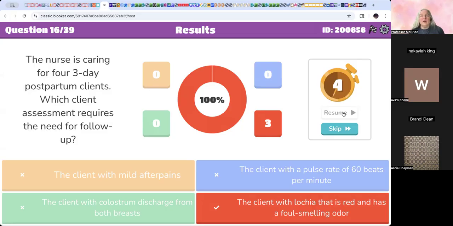The infection is chorio, probably if she was still pregnant. But remember, chorio is an infection of the chorion and the amnion, which are part of the pregnancy. After delivery, it's an endometritis, so it's an endouterine infection.